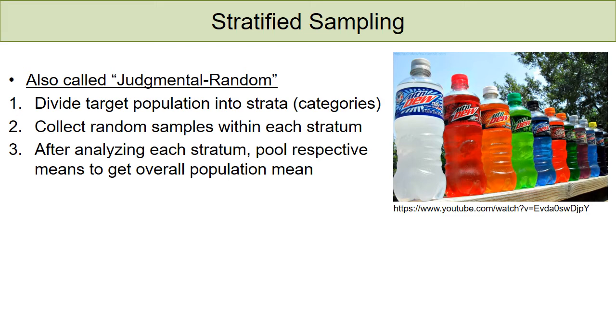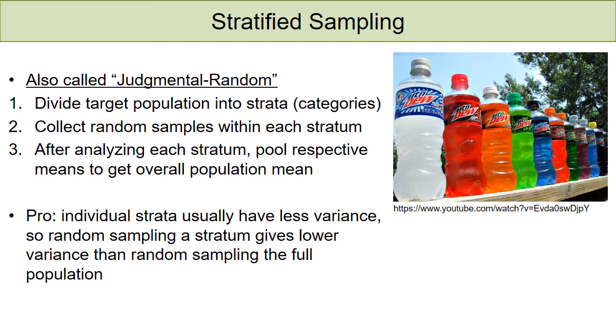Now you've analyzed each stratum or category, and so you're going to pool or average together the average values for each category, and that'll give you the overall population average. So the pro of this, why would you bother with this, is that within a particular category or stratum, you're going to have less variance than the overall population is. And so this will give you better reproducibility than just a full out random plan.